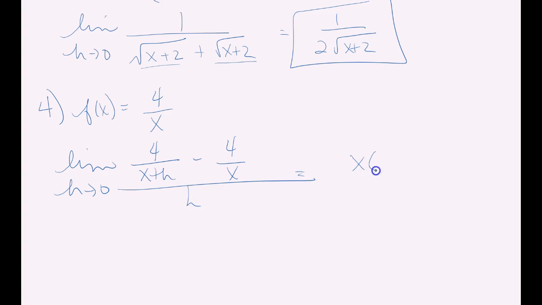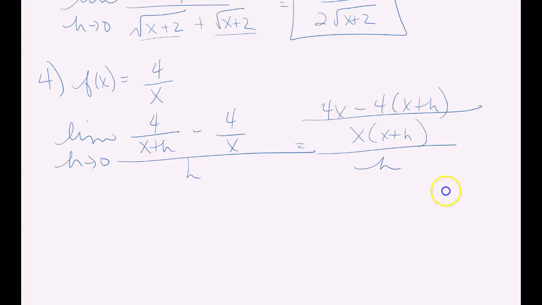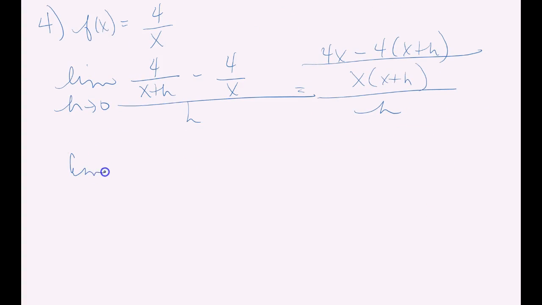Okay, common denominator will look like that, which means this will be 4x minus 4 times x plus h all over h. All right, next line, with the limit. Okay, 4x minus 4x minus 4h all over x times x plus h.